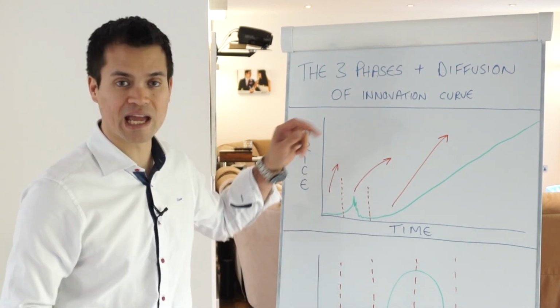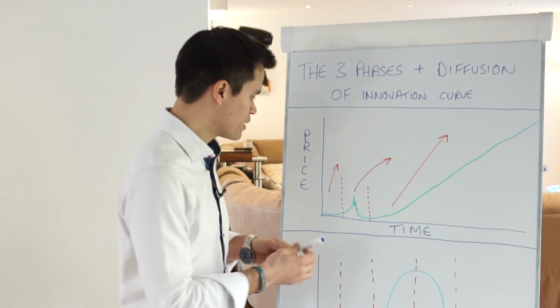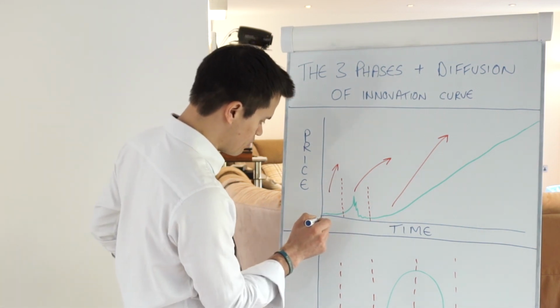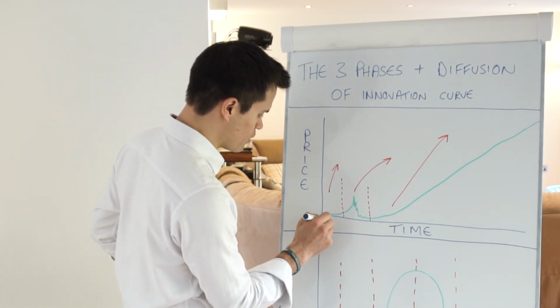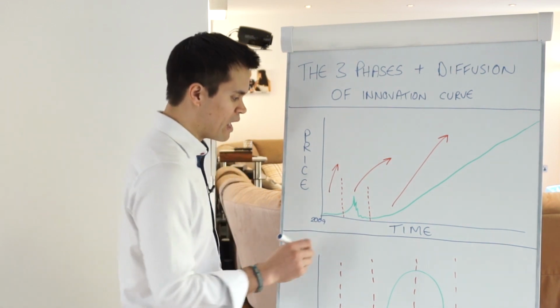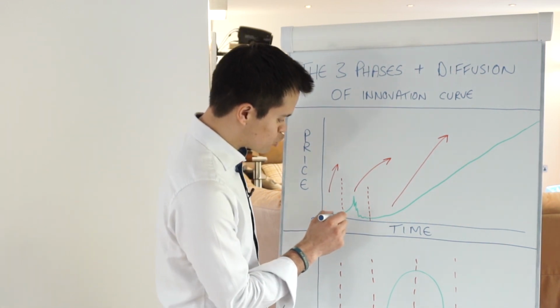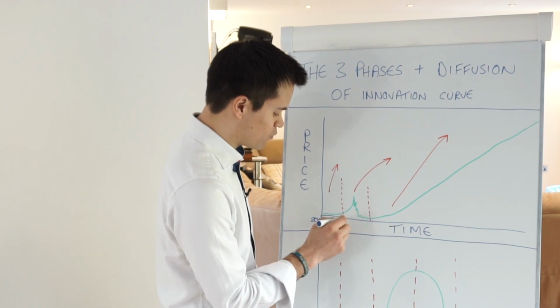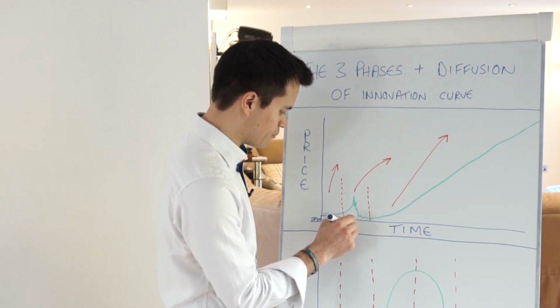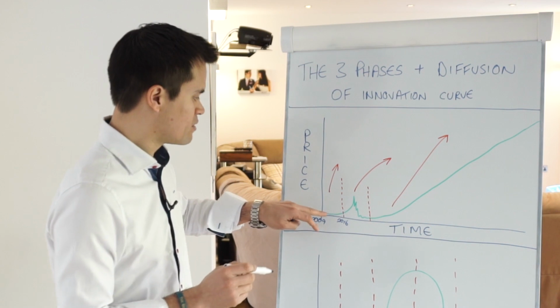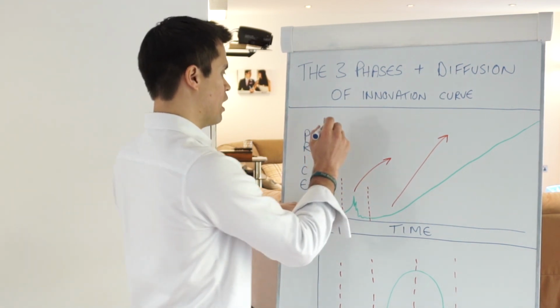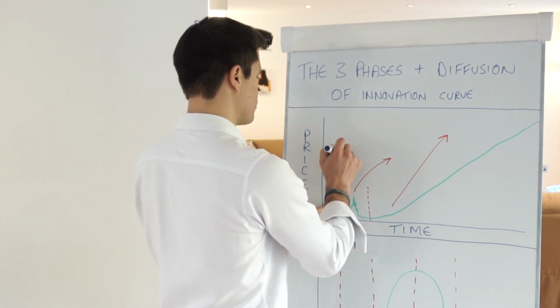So for example, let's take cryptocurrencies. It started really in 2009 with the introduction of Bitcoin, and it didn't transition into the next phase until about 2016. And so this first phase here is what I call the punt phase.